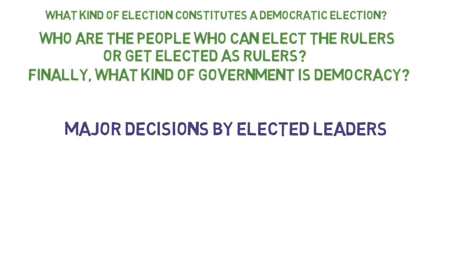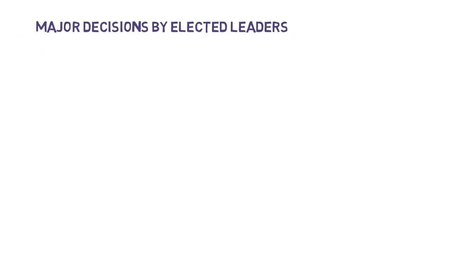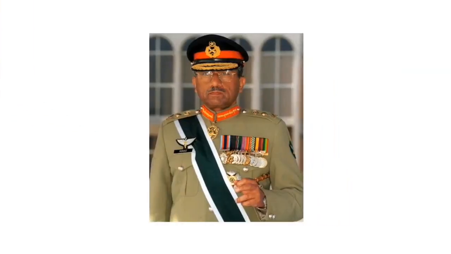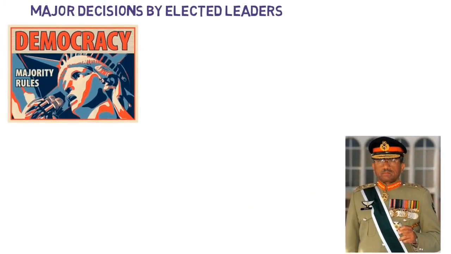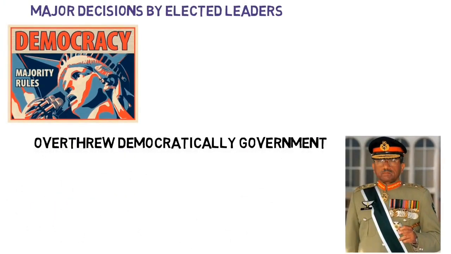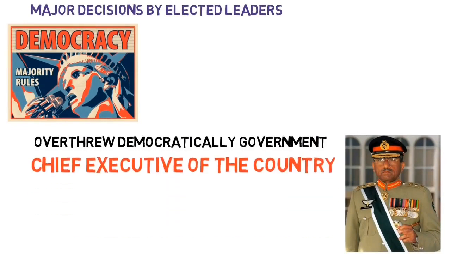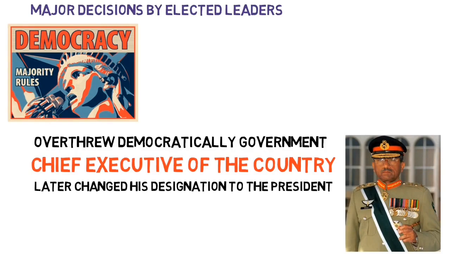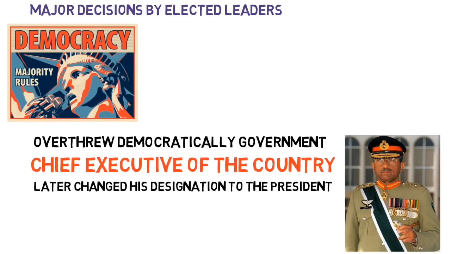The very first feature is that major decisions are taken by elected leaders. Democracy says that all the decisions should be taken by elected leaders. In Pakistan, Pervez Musharraf, who was a general of the army, overthrew a democratic government and declared himself the chief executive of the country. Later, he changed his designation to president.